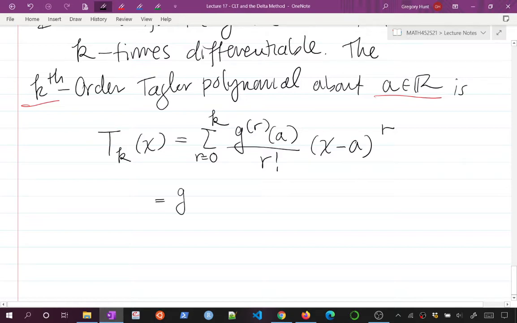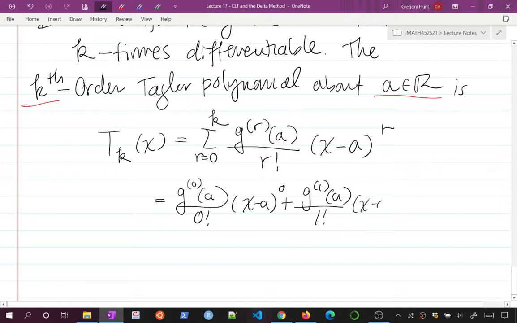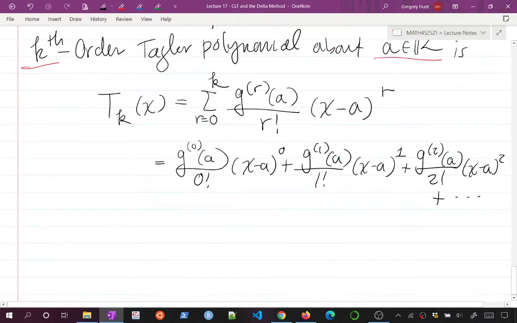So it's basically g^(0) of a over 0 factorial times x minus a to the 0, plus the first derivative of g at a divided by 1 factorial times x minus a to the first power, plus the second derivative at a divided by 2 factorial times x minus a squared, dot dot dot and so forth. And so you can actually simplify some of these terms.